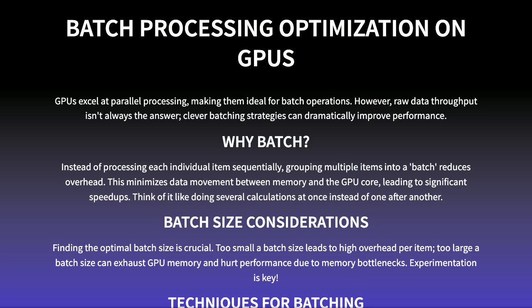Finding the right batch size is important. Too small and you spend a lot of time just moving data around, and too big, and you might run out of memory. There are techniques like dynamic batching where the size changes depending on your data, padding to make batches equal in length, and even prefetching, which moves the next batch of data into memory as we're working on the current one.